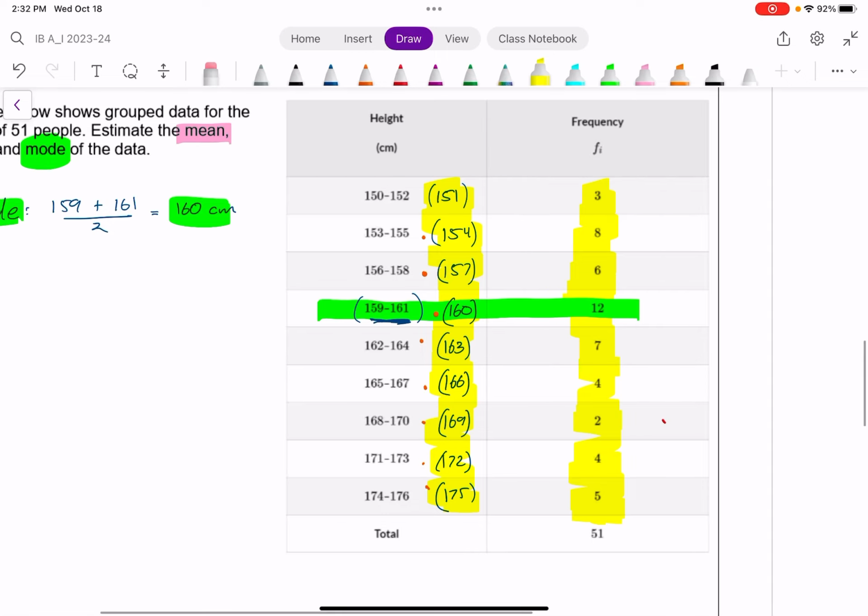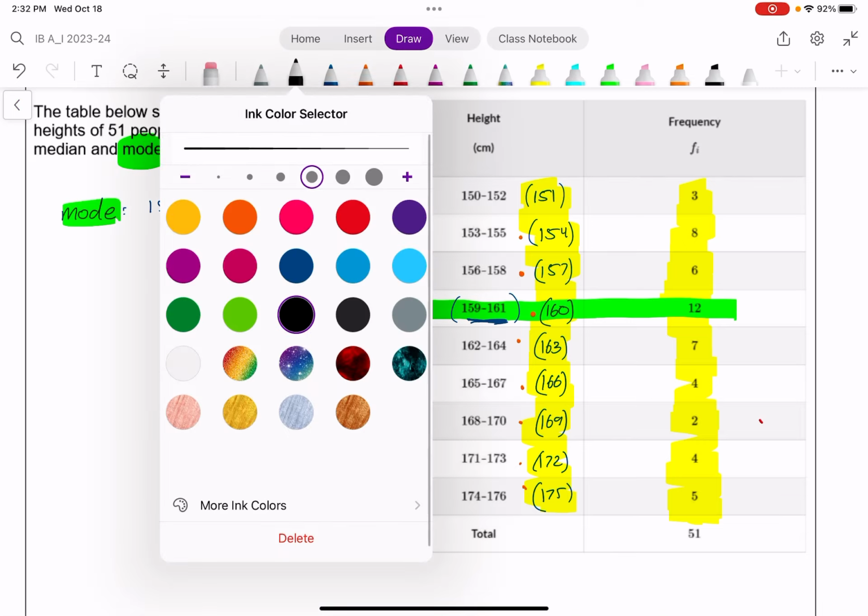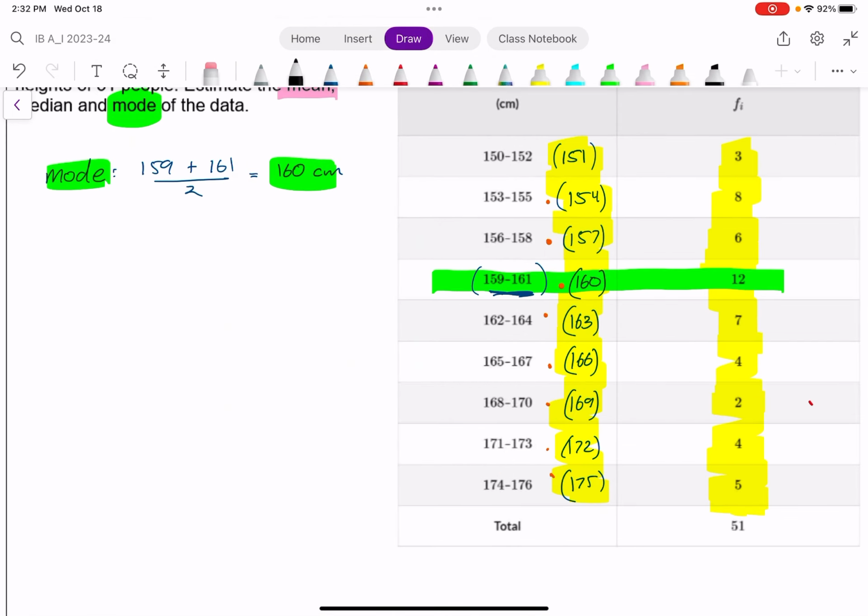Depending on your actual GDC, you type these 2 columns in, and you should fairly quickly see a bunch of different values. Depending on your calculator, for example, most students use the TI-83 or the TI-84. On that, the mean is shown like this, x with a bar over the top. However, it's up to you to understand your own graphing calculator.